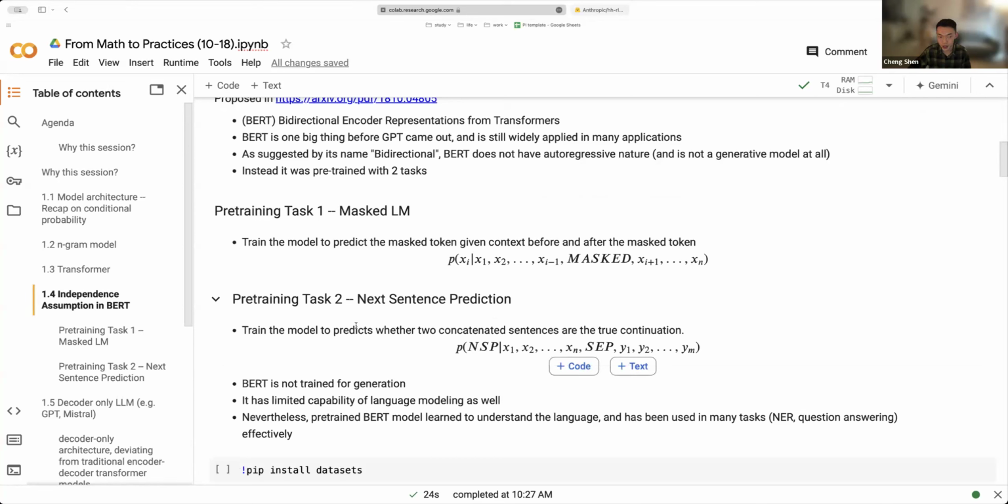There's also another training task when BERT was pre-trained called next sentence prediction.